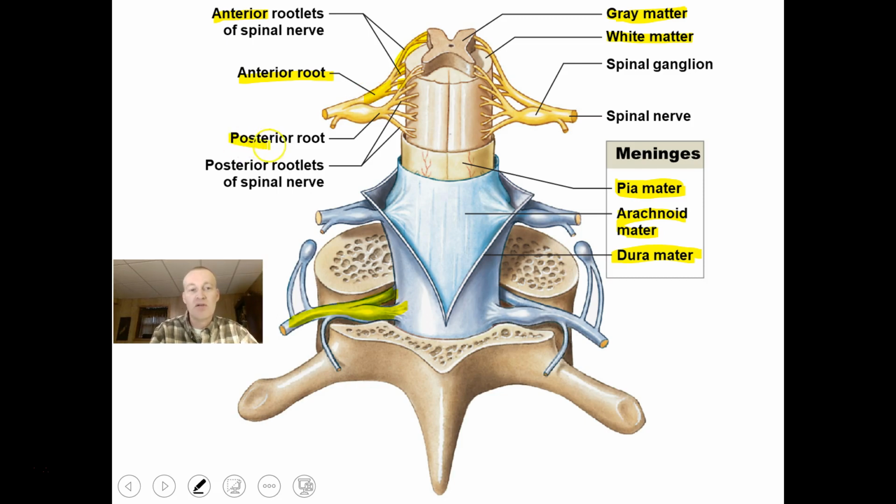The anterior root and posterior root are pretty important to know as well, because that will tell you if sensory information is coming in or motor commands are going out. They do come together to form that spinal nerve. And there is a ganglion that we'll bring up later on. These are just collections of nerve cell bodies, collected in that particular area for processing information.